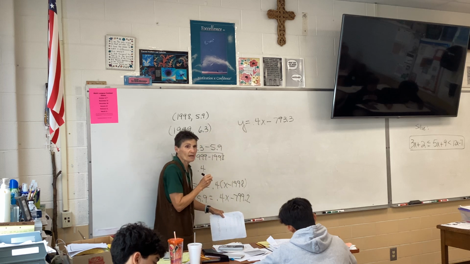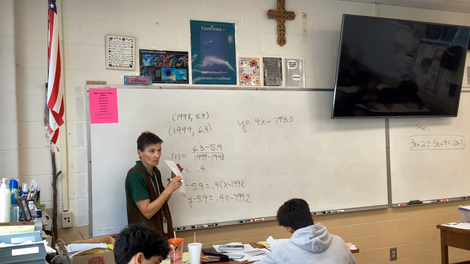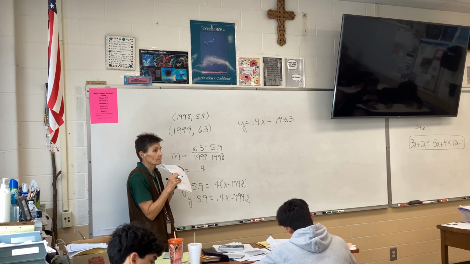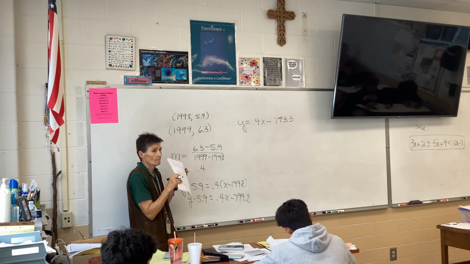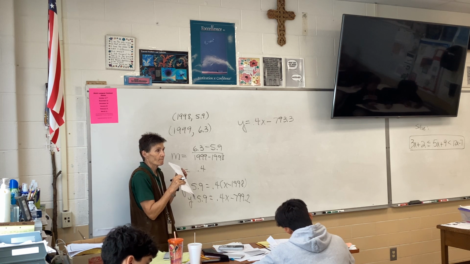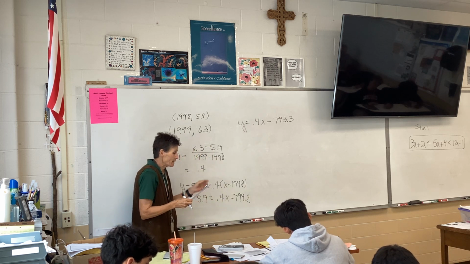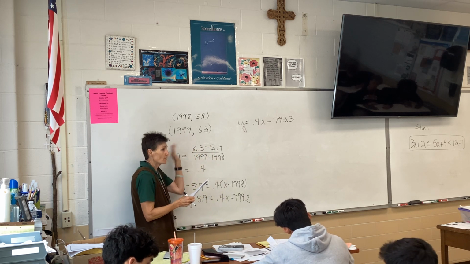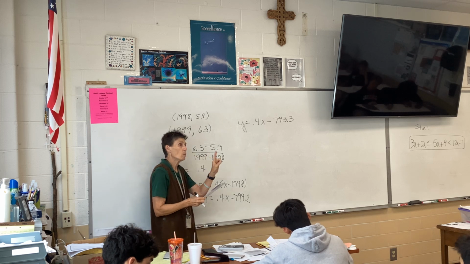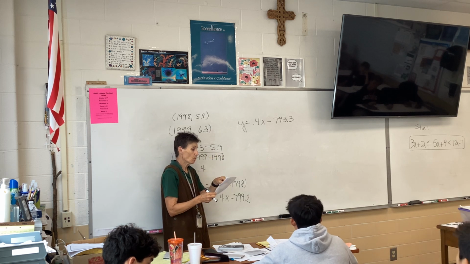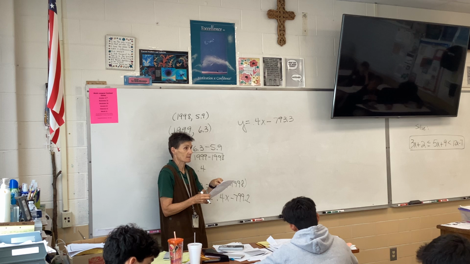Everybody with me on that? Did I make a mistake? Is it okay? So, part A, write a linear equation. There you go. Now, quick point. They specifically told me to use those 2 points.